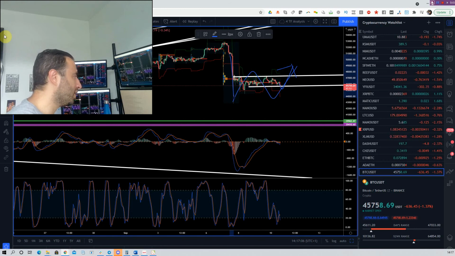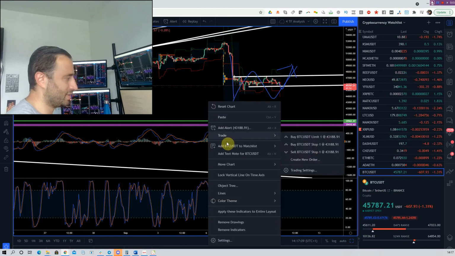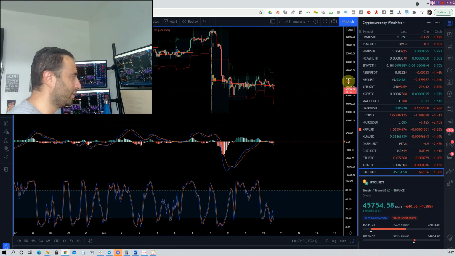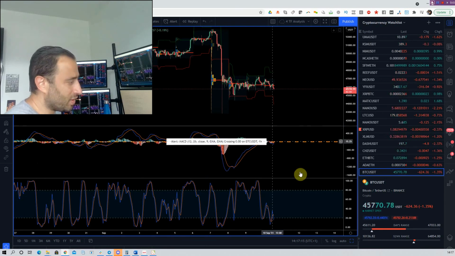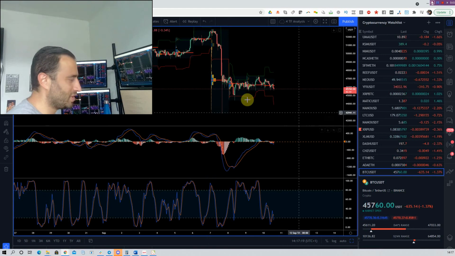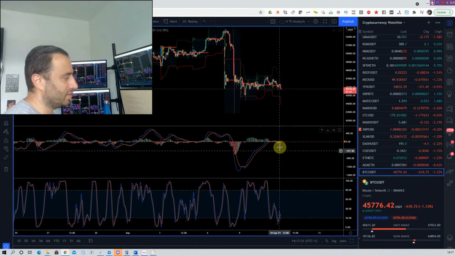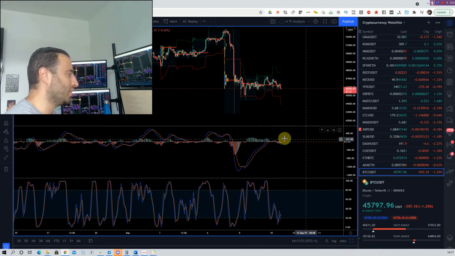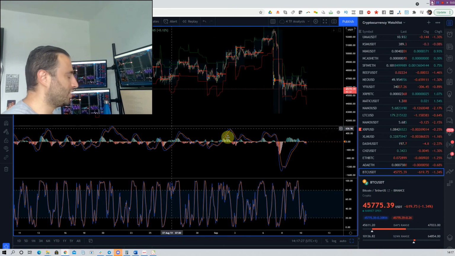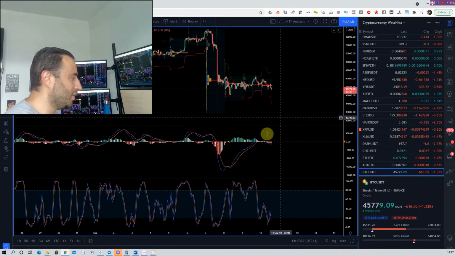Now, we don't know if that's going to happen, but what I love about TradingView is that rather than checking in on it every 5 minutes to see if it's ready to go up, you can just set an alert. So when you find a good signal for this, you can set an alert.